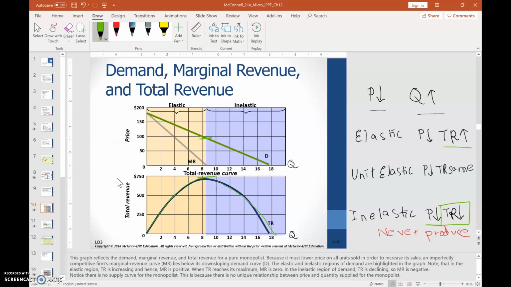So this is the part where the monopolist is interested in producing, the elastic part. In the inelastic part, because the total revenue is going down, the monopolist is never interested in producing in this part of the demand curve. Alright, that's it with elasticity and the monopoly demand curve.